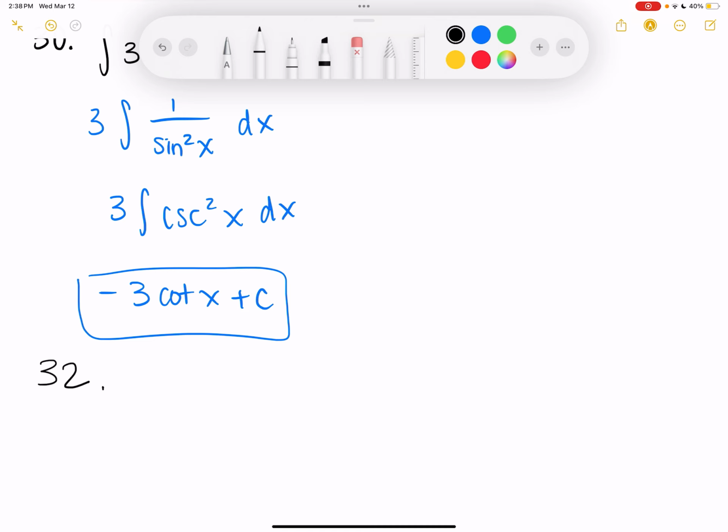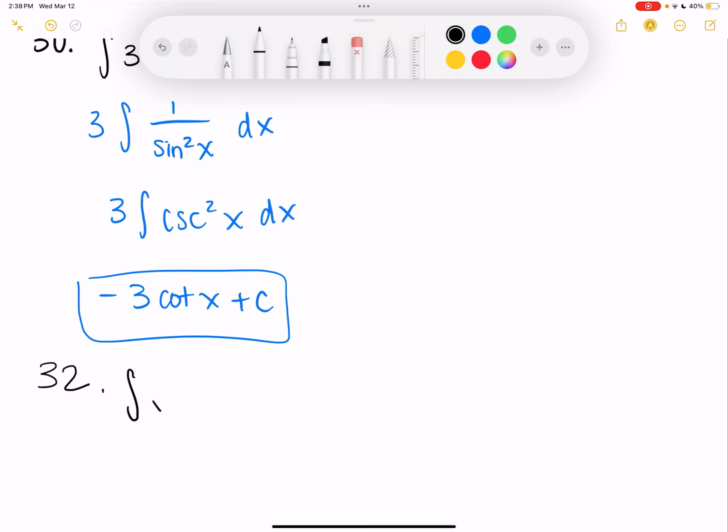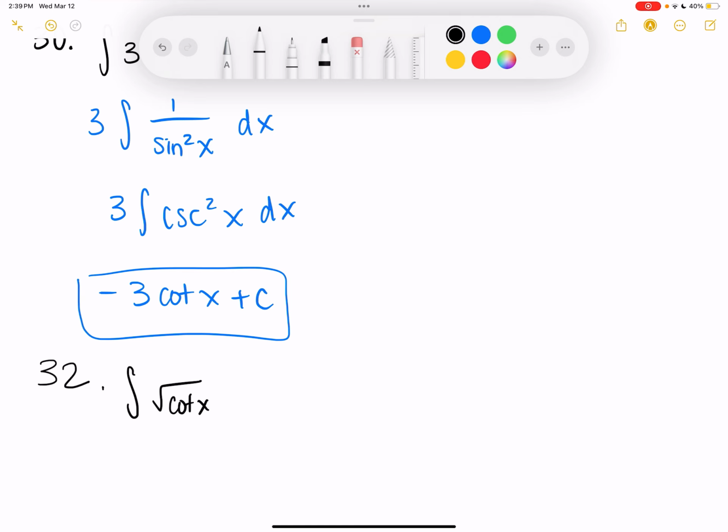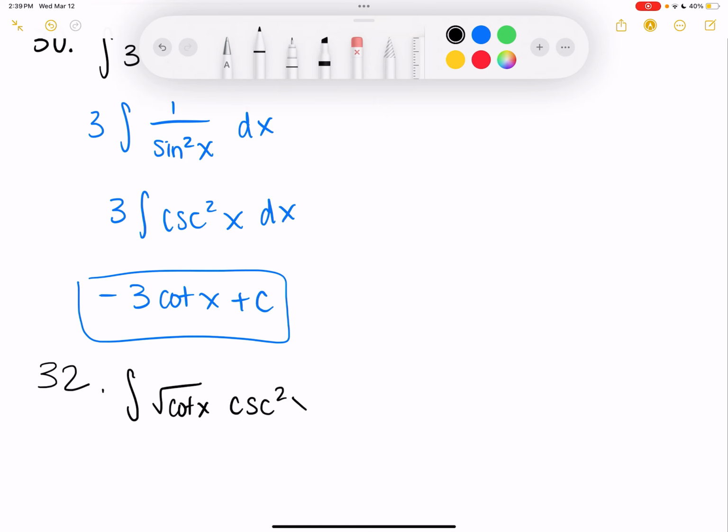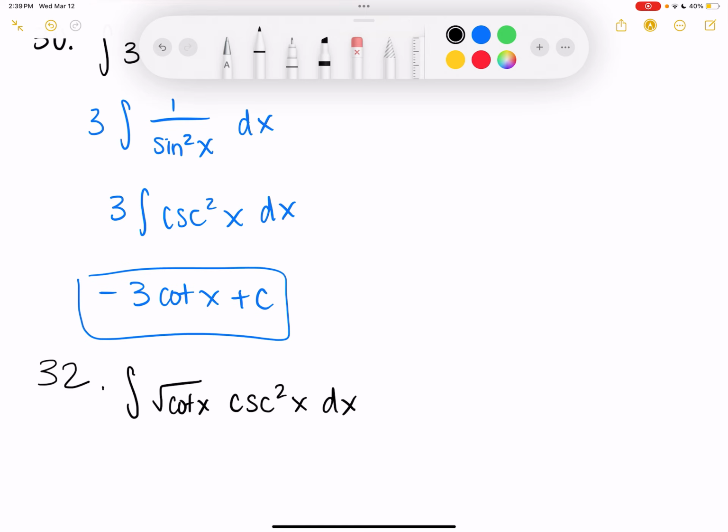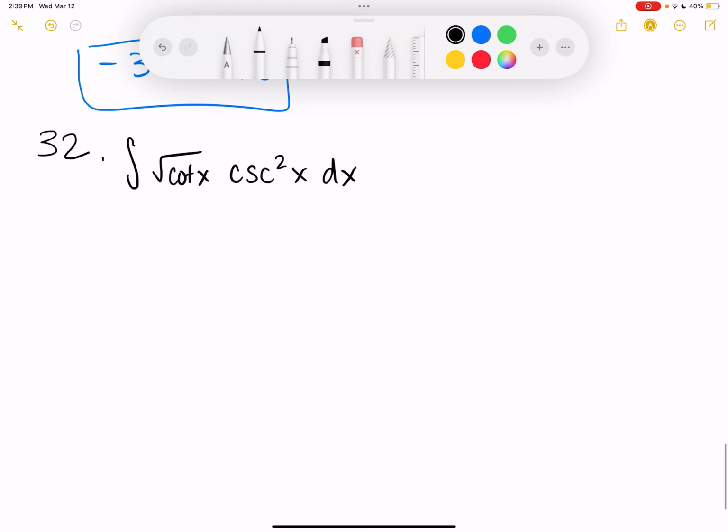32. The integral of the square root of cotangent of x, then outside of the square root, I've got cosecant squared of x dx. So any ideas what u should be for this problem?